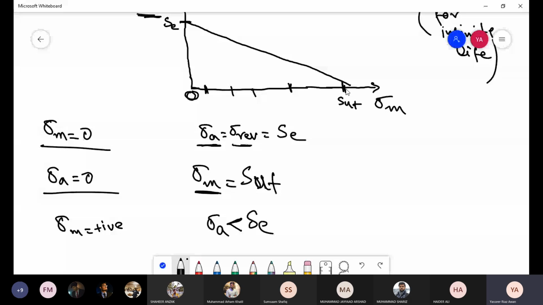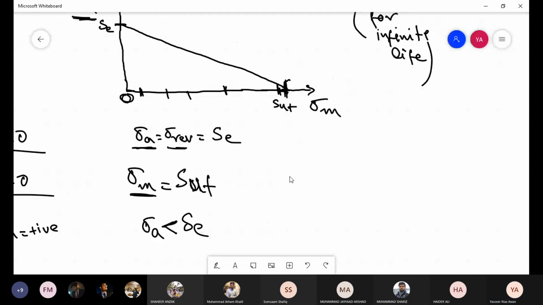If you don't know how to combine these mean and alternating stresses, it is still intuitively clear that at least this could be one criterion: as we increase sigma mean, the alternating stress component must be decreased for infinite life. And the higher the mean component is, the lower the alternating component could be.